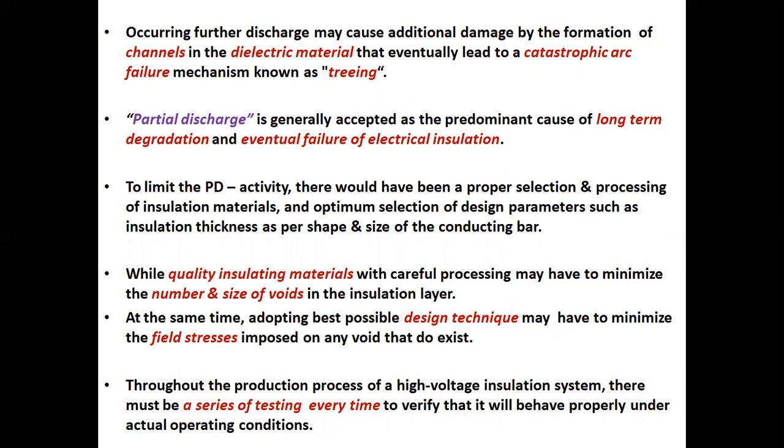At the same time, adopting the best possible design technique minimizes the field stresses imposed on any voids that do exist. Throughout the production process of a high voltage insulation system, there must be a series of tests every time to verify that it will behave properly under actual operating conditions.